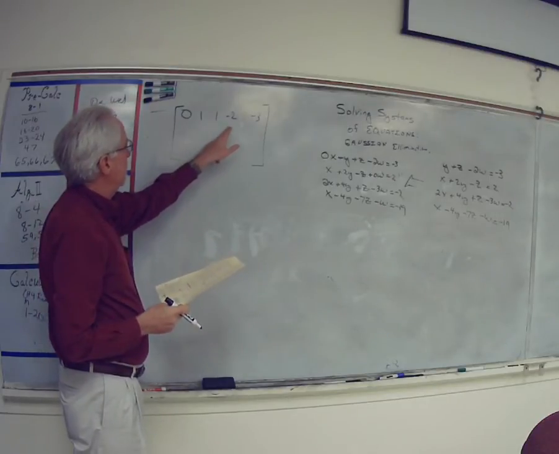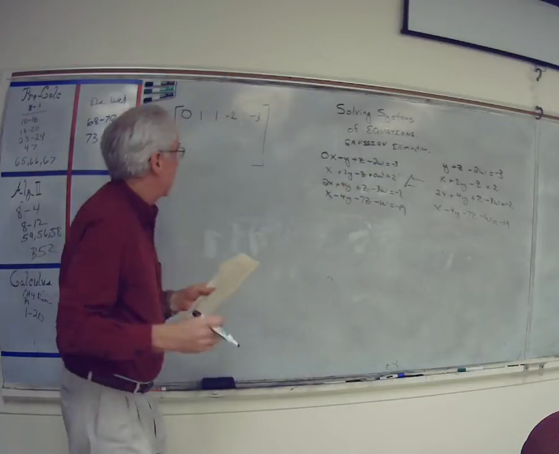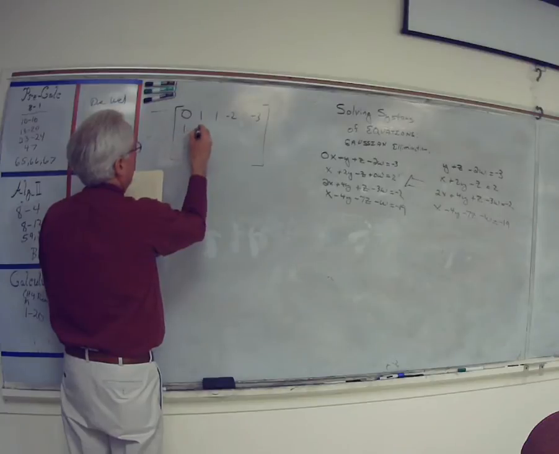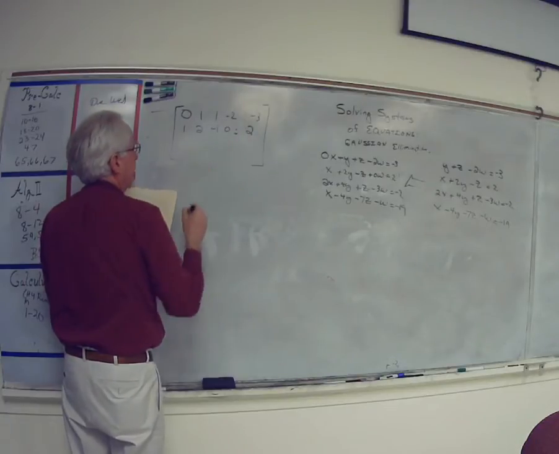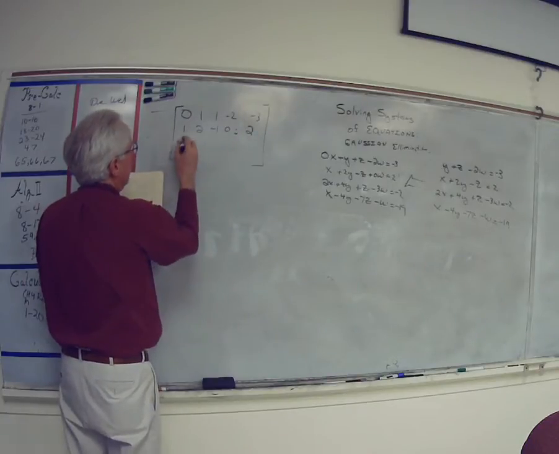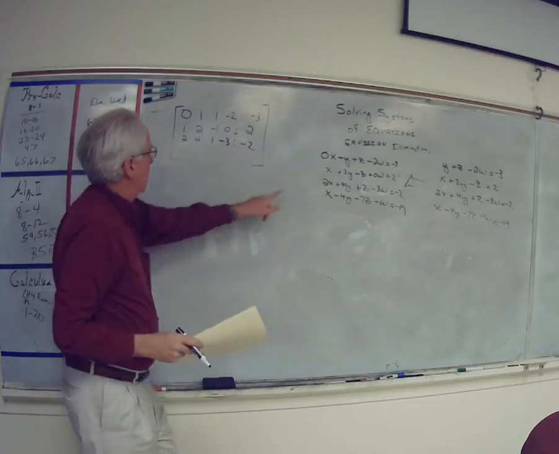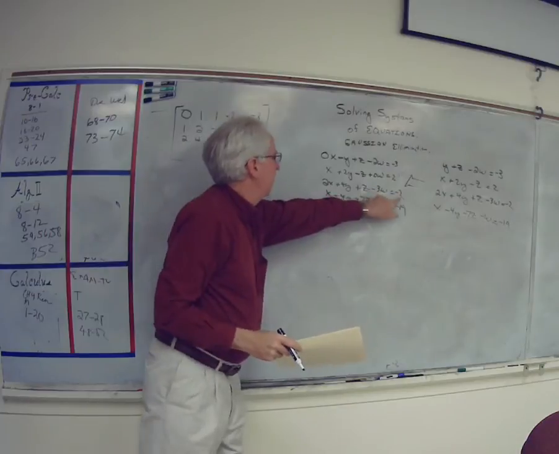0, 1, 1, minus 2, minus 3. Okay, Catherine, give me the next row, please. It'll be 1, 2, negative 1, 0, and 2, with the colon in there. Yes. Emmy, you want to give me the next one? 2, 4, 1, negative 3, negative 2.